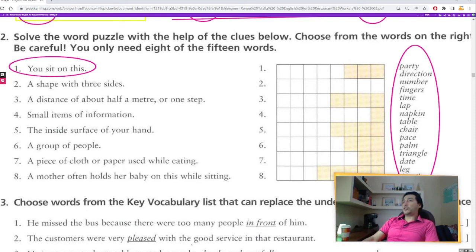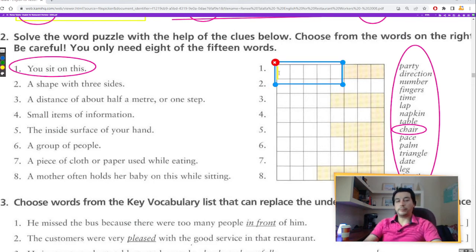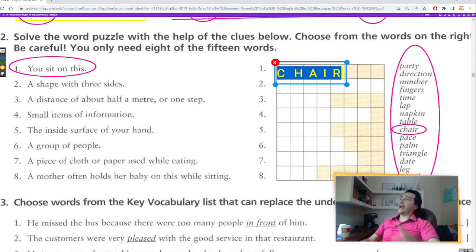Number 1, you sit on this. C-H-A-I-R, chair. You sit on the chair. We got it.